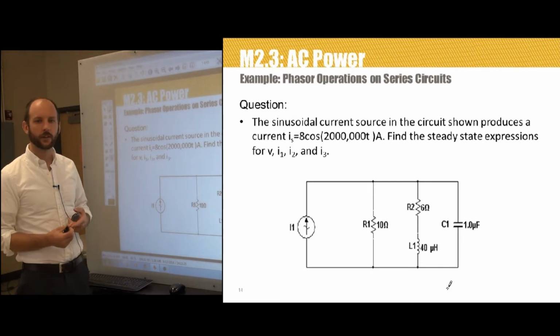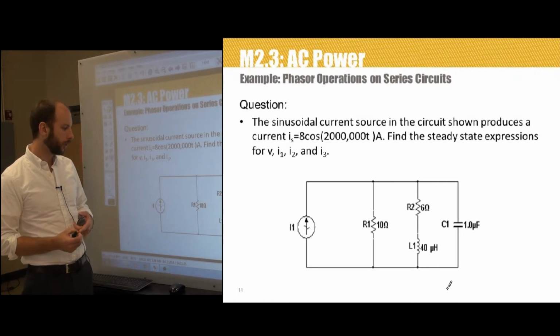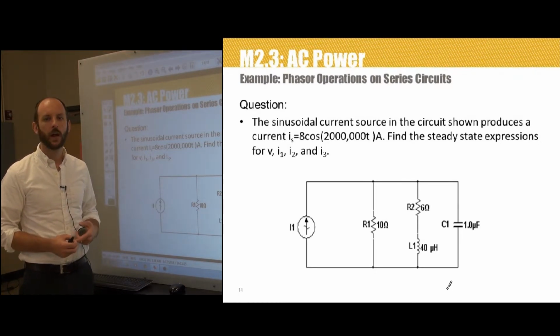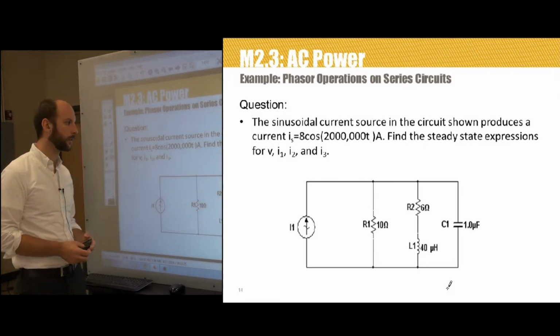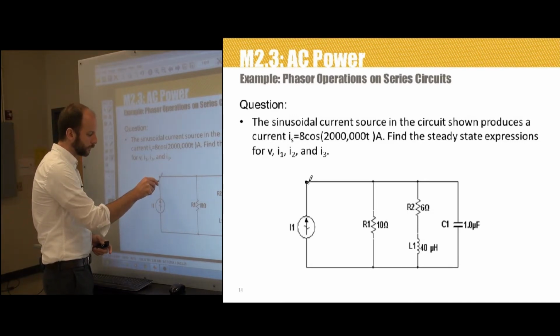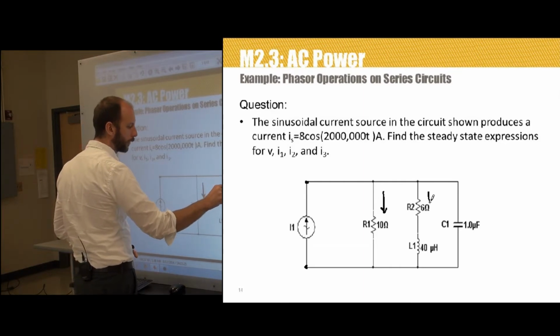What we want to do is find the steady state expression for the voltage across the devices in parallel, and then we want to know what the branch currents are, I1, I2, and I3 here. So we want to find the voltage here, and then we want to find these three currents.